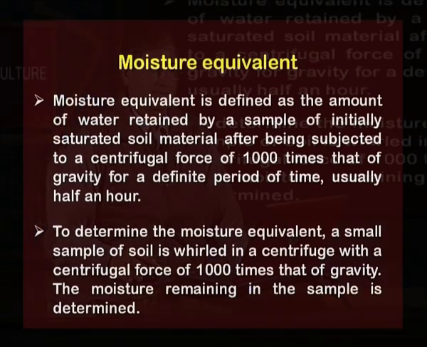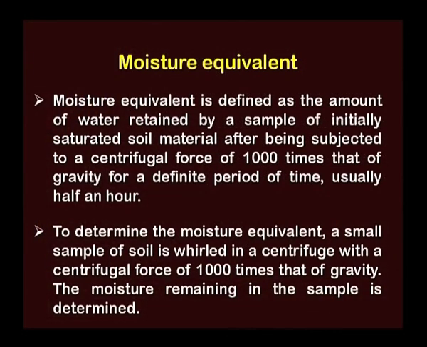Moisture equivalent: moisture equivalent is defined as the amount of water retained by a sample of initially saturated soil material after being subjected to a centrifugal force of 1000 times that of gravity for a definite period of time, usually half an hour.